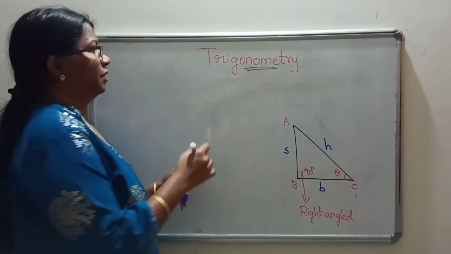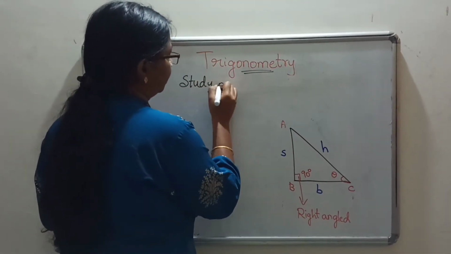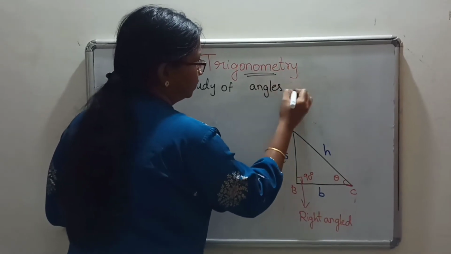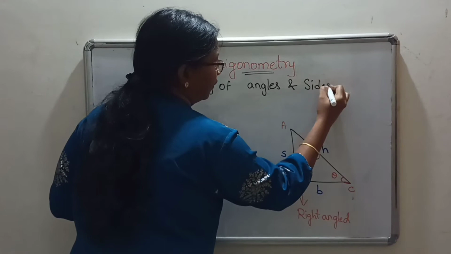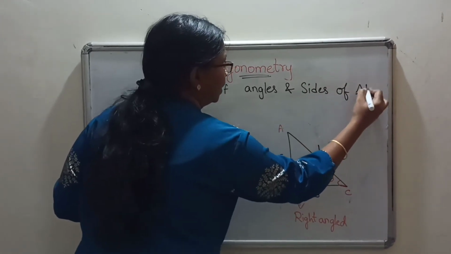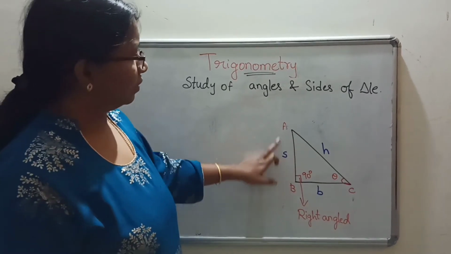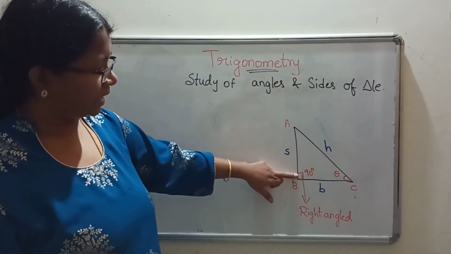What is trigonometry? Trigonometry is the study of the relationship between angles and sides of a triangle. This is the definition of trigonometry. In the Pythagoras theorem we have taken a right angle triangle where one angle is 90 degrees.